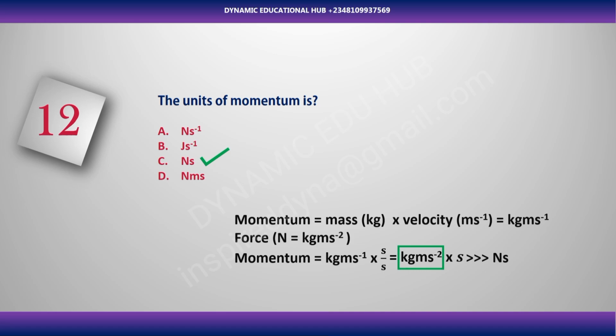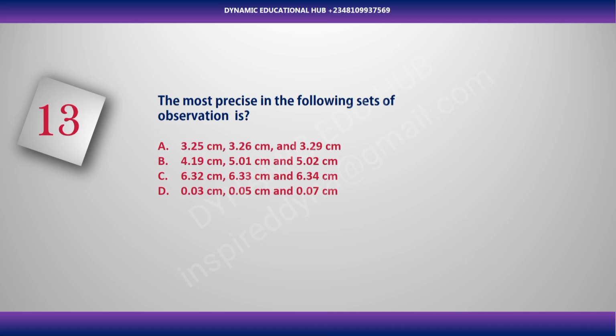This is a JAMB question. The next one: the most precise in the following set of observations is... So we have some measurements here. Let's define precision. Precision is different from accuracy, but in this question they're asking us about precision. What is precision? Precision is the repetition of measurement.